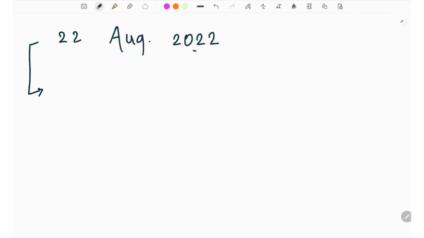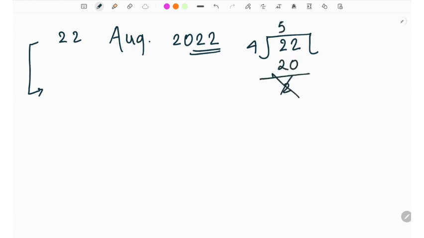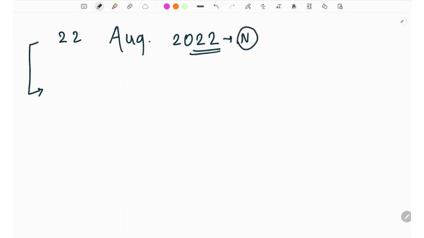If I look at the last 2 digits over here, they are 22. I'll divide it by 4. Whether 22 is completely divisible by 4, students? No, because 4 5s are 20, the remainder is 2 over here. It is not completely divisible, hence the given year is a normal year. So I'll write N for this. Later on, the code for August. Now look here students, the changes are only for January and February in the codes we have seen.